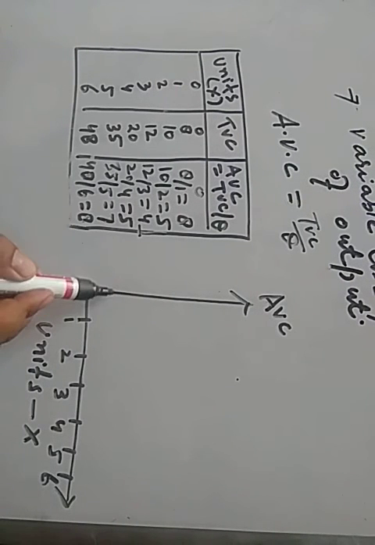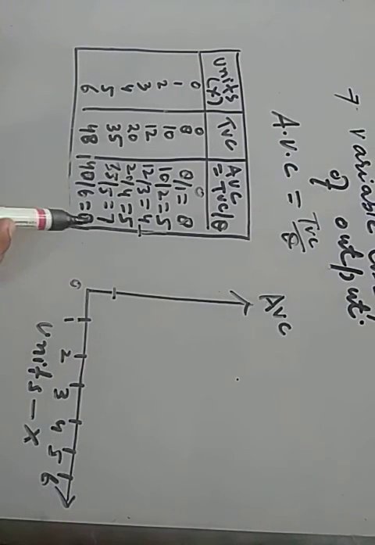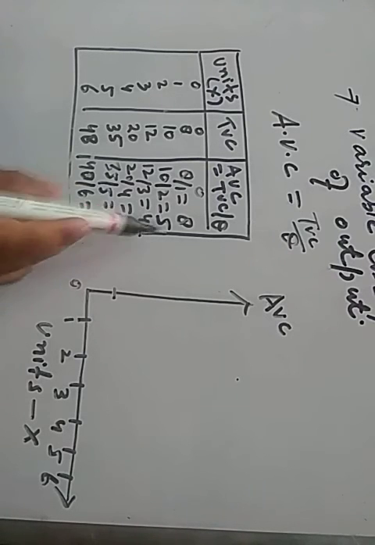The units of output produced are 1, 2, 3, 4, 5 up to 6 units. And the value of average variable cost, the lowest one is 4 and the highest one is 8.